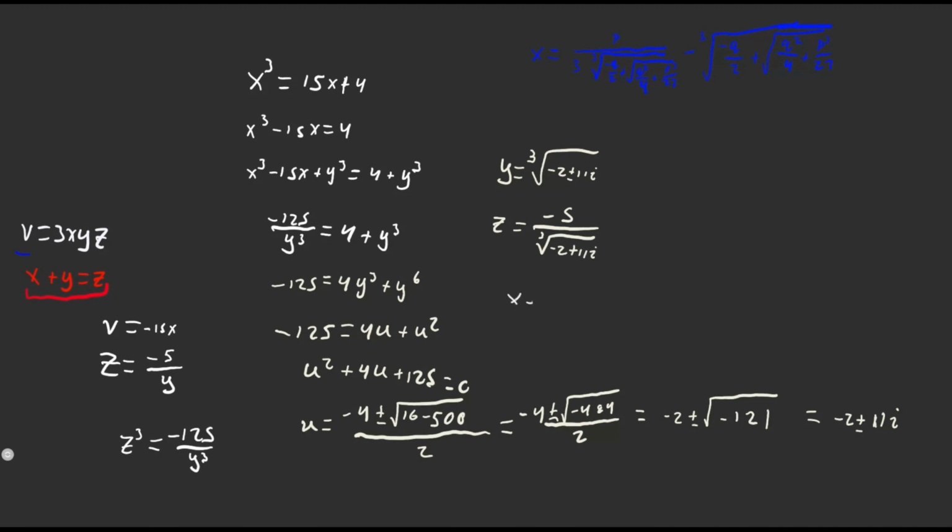And now we just get x is equal to negative 5 divided by the cube root of negative 2 plus 11i, where we now end up getting minus the cube root of this again, minus 2 plus 11i, where now we have to find the solution using polar form.